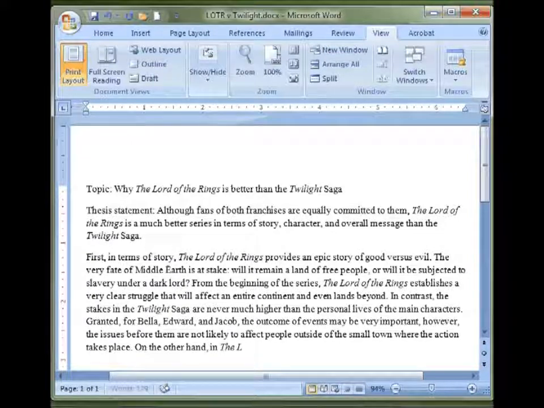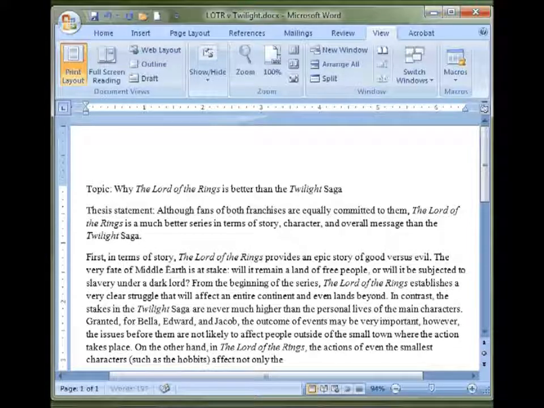In The Lord of the Rings, the actions of even the smallest characters, such as the hobbits, affect not only their homes, but the whole of Middle Earth.